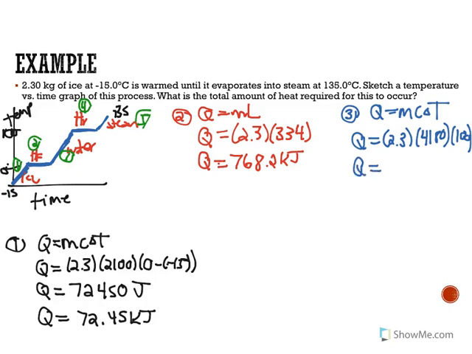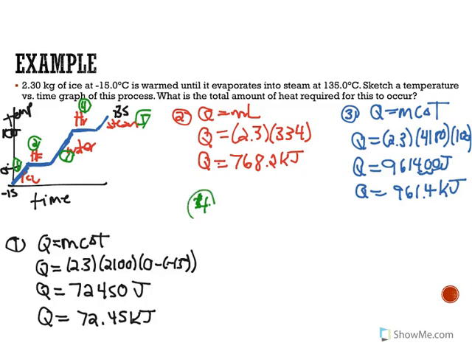Q is equal to 2.3 times 4180 times 100. We got 961,400 joules, which, changing to kilojoules, is 961.4 kilojoules. All right, we're getting there.